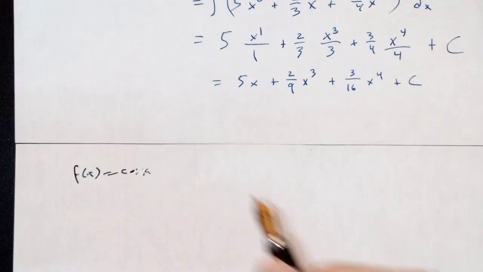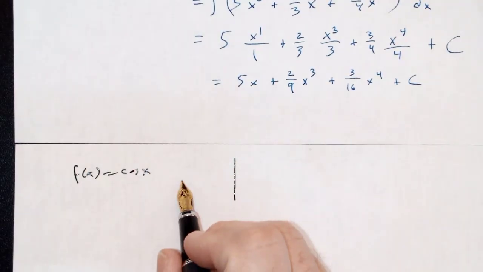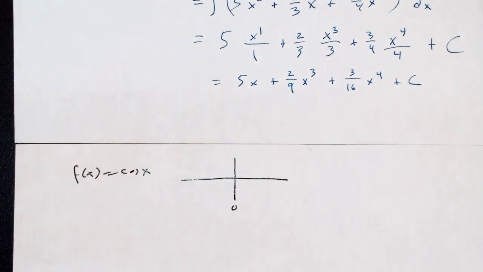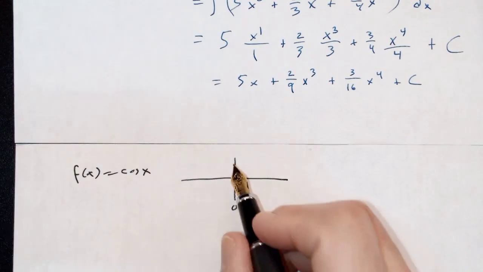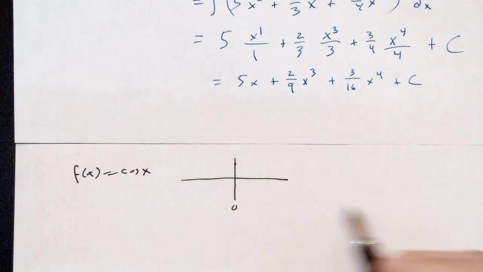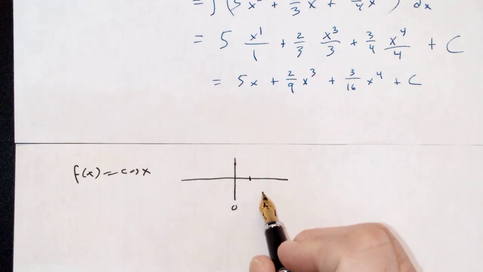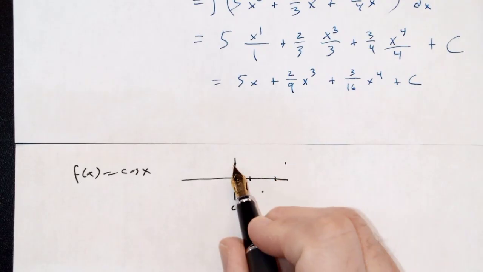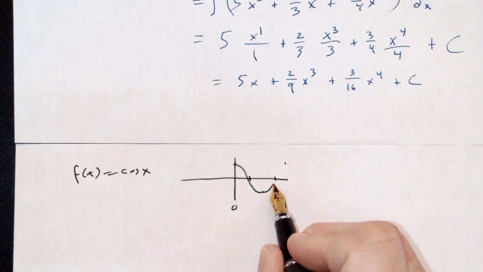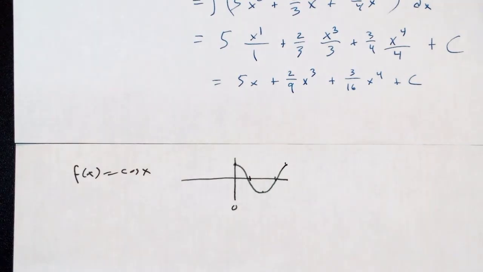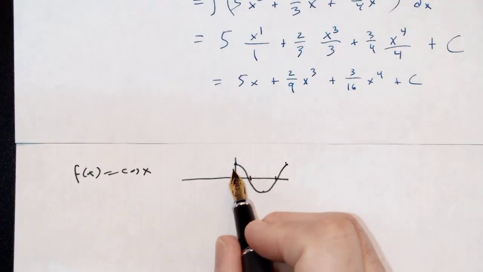If I start from the middle at x equals 0, cosine of 0 is 1, and then we get a graph that looks like this, right? What does it look like on the left? The same thing. Hey, wait a minute.